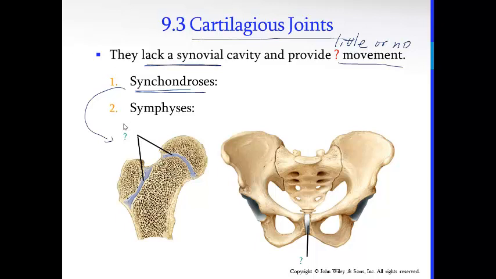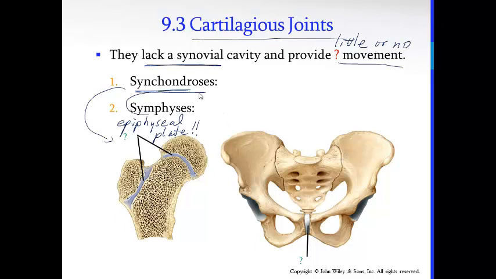When we're growing, for instance, we have our epiphyseal plate. So these are an example of our synchondrosis. They lack a synovial cavity. There is little or pretty much no movement here.